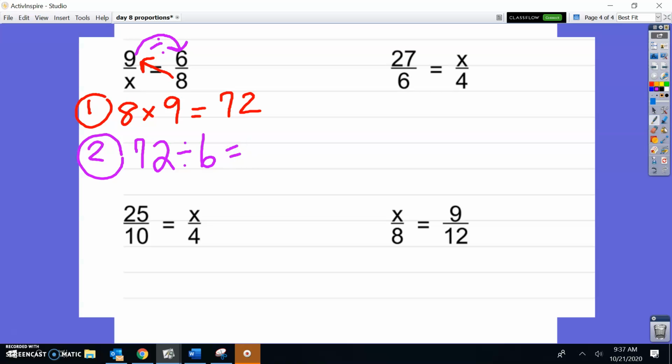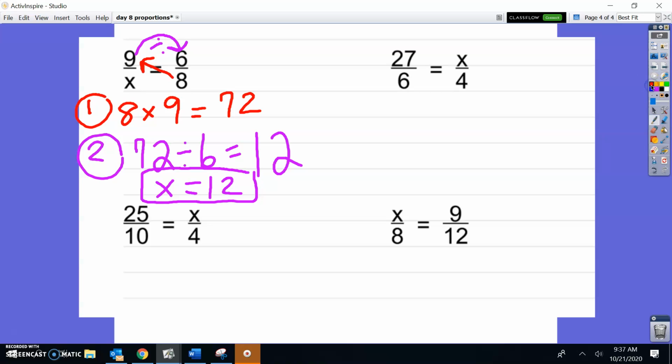You can either do this in your head or on your calculator. I'm going to do it on my calculator, and my missing value is 12. So x equals 12, and that's my final answer. Simple as that. Cross multiply and divide.